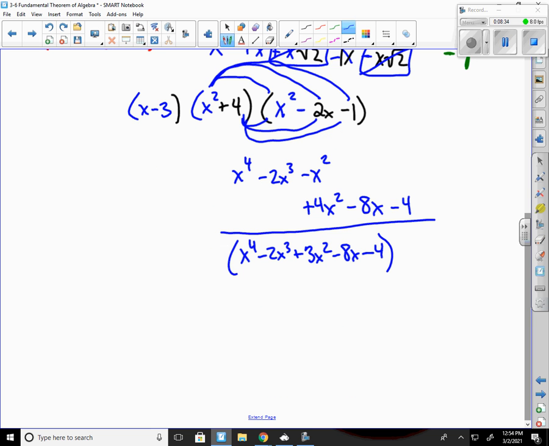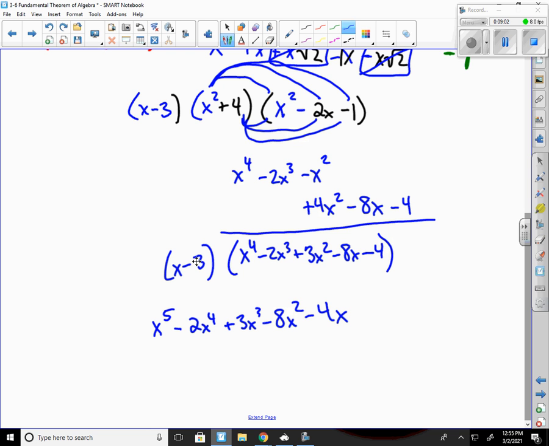But I still need to distribute my x minus 3 to each of these. So the x is going to distribute to each one of these. It's going to be x to the 5th minus 2x to the 4th plus 3x to the 3rd minus 8x to the 2nd and minus 4x.